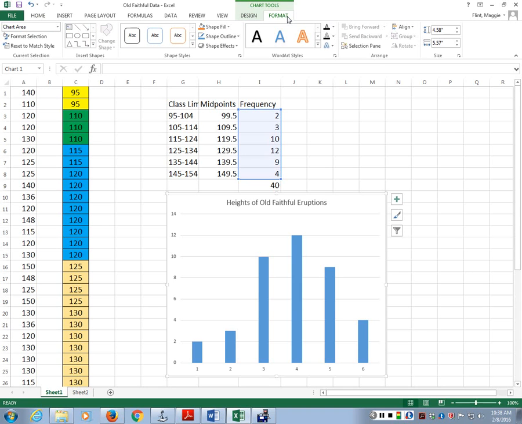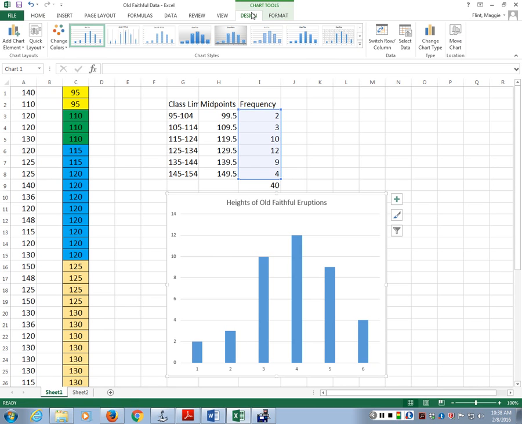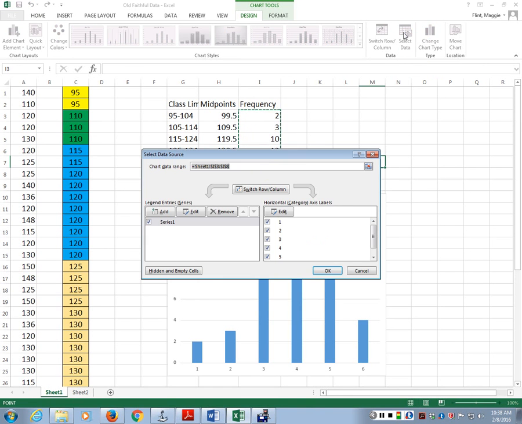And if you can't find what you want on one, chances are it's on the other. On Design, what I would like to do is select the data, and notice here it's got checked 1, 2, 3, 4, 5. I don't want it to use 1, 2, 3, 4, 5. I want it to use the class limits.